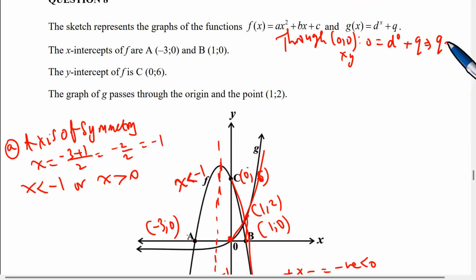Which means q is minus 1, because 3 to the 0 is 1.